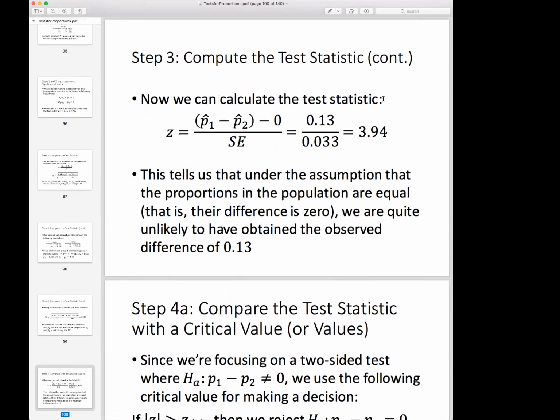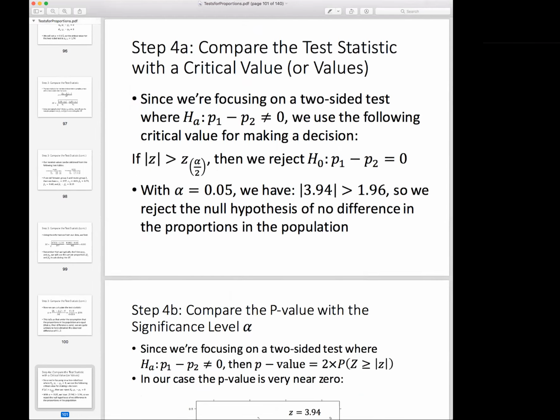So this tells us that 3.94 is a significant value, right? So we're going to reject the null hypothesis that there is no difference between the proportions of men and women and conclude that there is a difference between the two proportions.